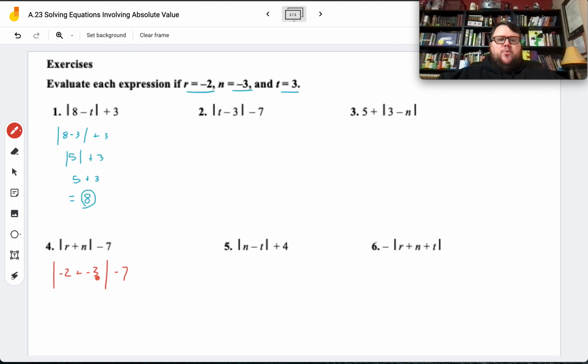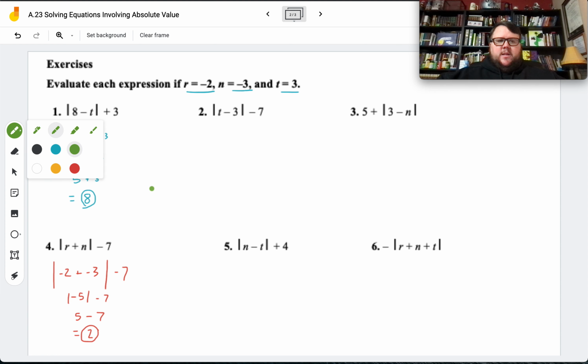Negative 2 plus negative 3 is the same thing as negative 2 minus 3, which is negative 5 in the absolute value, minus 7. Absolute value of negative 5, remember it's distance, so I just take what's inside and make it positive. That's positive 5 minus 7, which equals negative 2. And that's my answer.